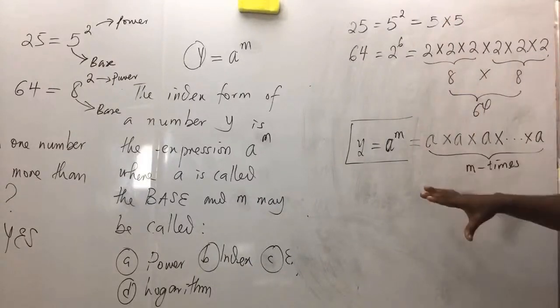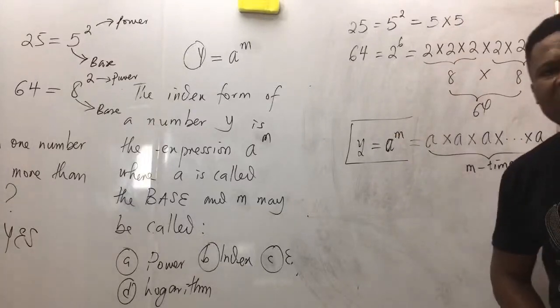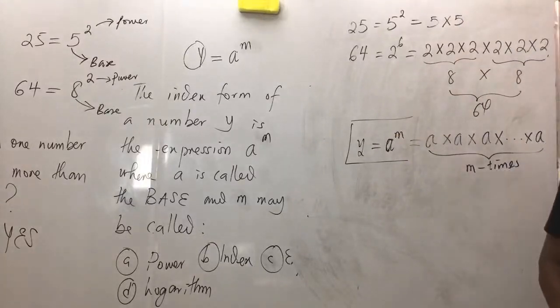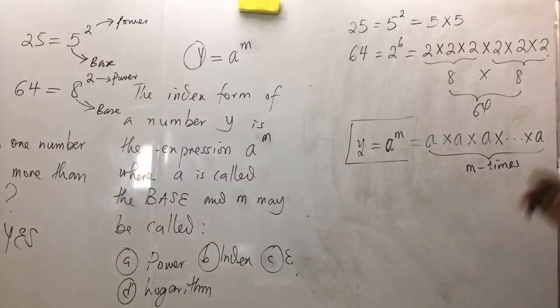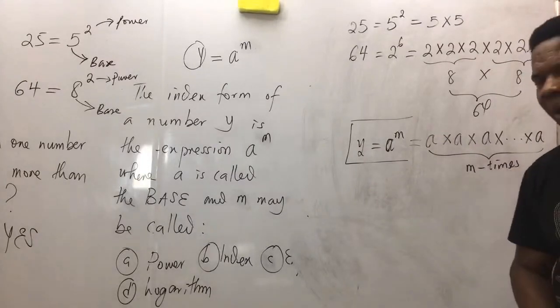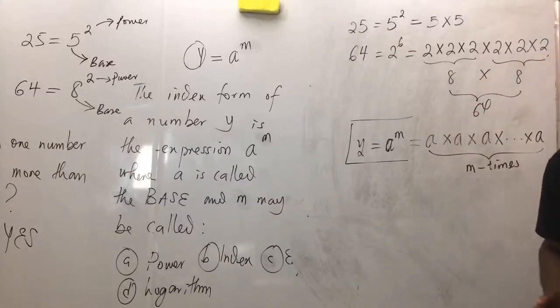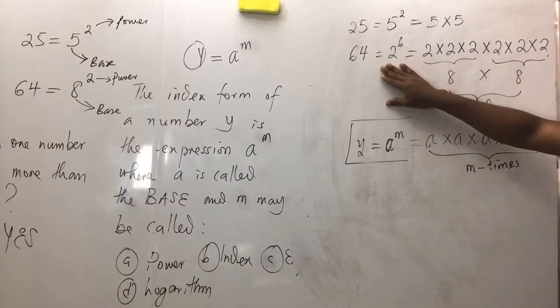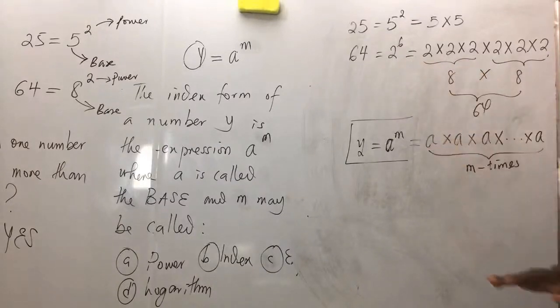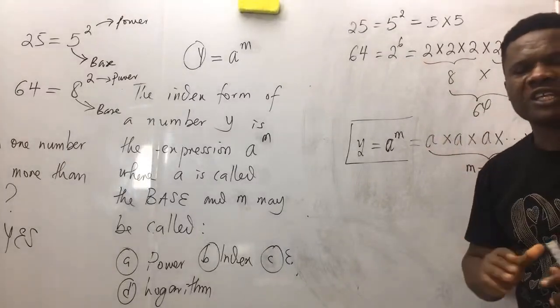So that being said, now that we have talked about the definition of indices, now that we have described the index form of a number, and now that we've also talked about two key points on the index form of a number, being the uniqueness or non-uniqueness of the index form of a number and the expansion of index forms of numbers, let us now go into the laws of indices.